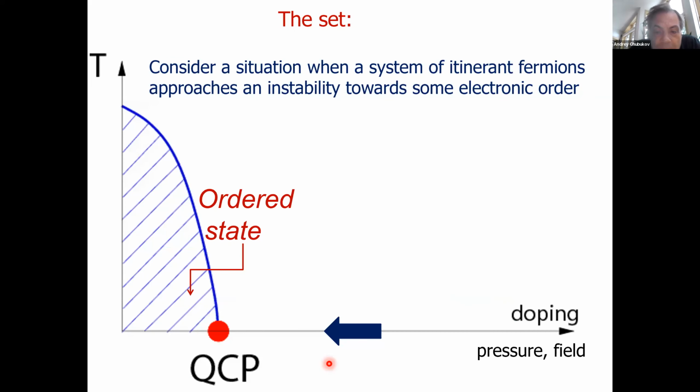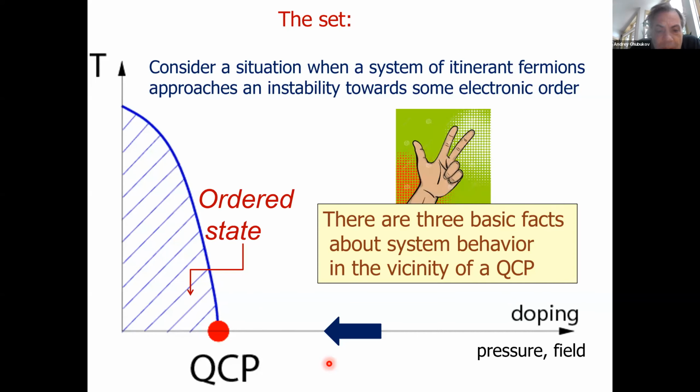I want to consider a generic situation where we take a system of fermions, and by changing some external parameter, whether it's doping, pressure, field, you name it, the system approaches some kind of ordered state, which can be antiferromagnetic, nematic, charge order, or current order. Then the question is, what happens in the vicinity of this red dot, which is a critical point at zero temperature towards the ordered state?